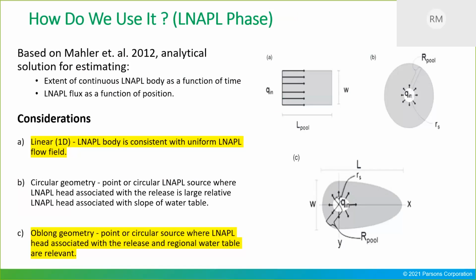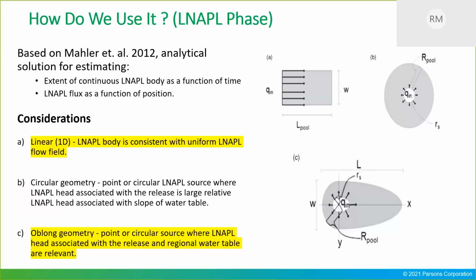Based on the Mahler paper, that is Nicholas Mahler from Colorado State University, based on his proof of concept experiment, he proposed an analytical solution to estimate the NAPL length, that is NAPL extent, as a function of time, and also a volumetric NAPL flux as a function of position, based on the different site conditions.